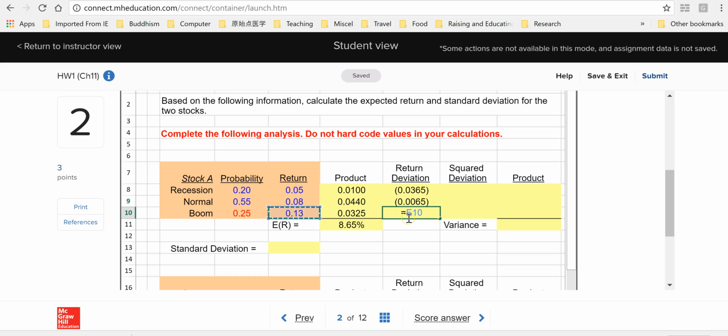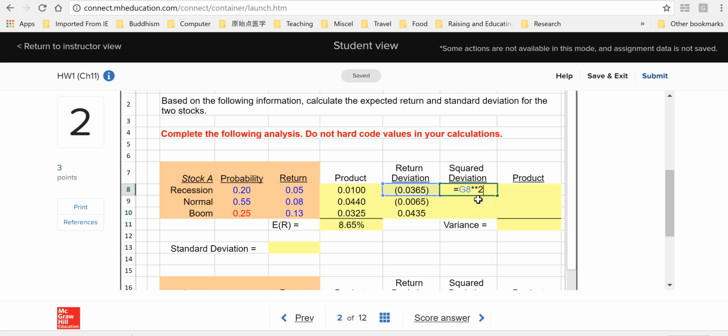So then return under the booming state minus the expected return. Correct again, and then take the square. So that equals this number. I think you can use two star signs.